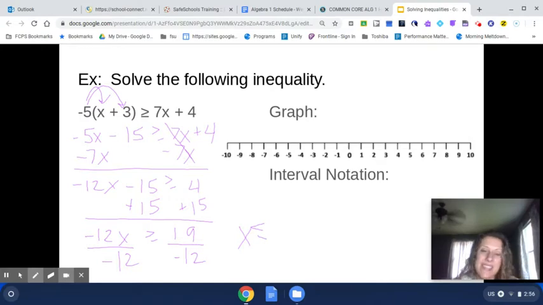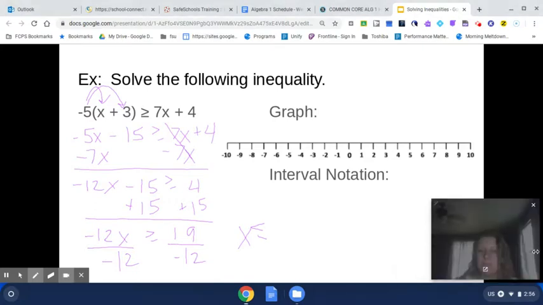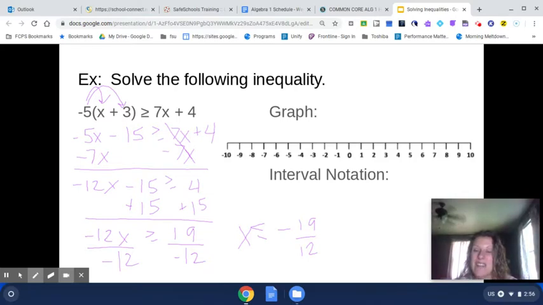And 19 divided by 12, those do not divide evenly. So I am just going to leave that in improper form. So x is less than or equal to -19/12. Okay, so thinking about what that number would mean on the number line, 12 goes into 19 once with a remainder of 7. So I'd have -1 and 7/12.